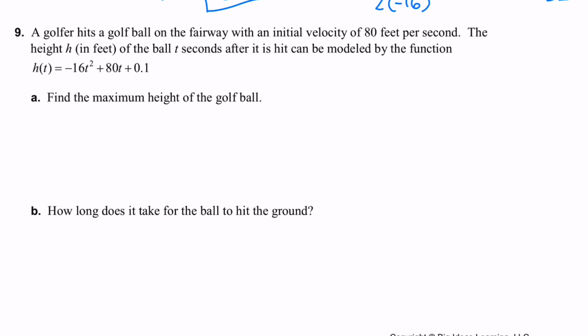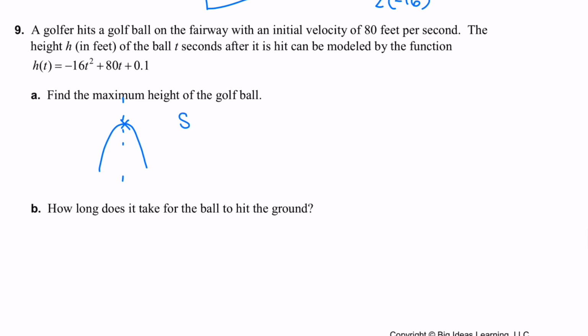Now, if you remember, to find a maximum height, the maximum is on the vertex, and the vertex is on the axis of symmetry. If an equation is in standard form, we're going to use the equation x equals, in this case t equals, negative b over 2a to find the axis of symmetry.